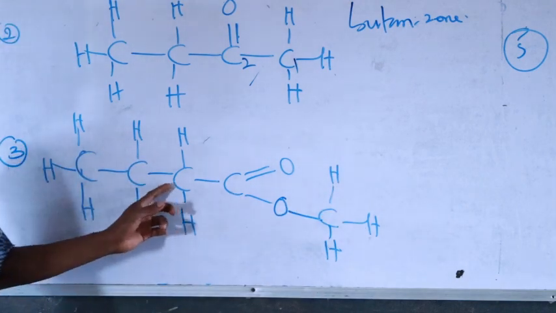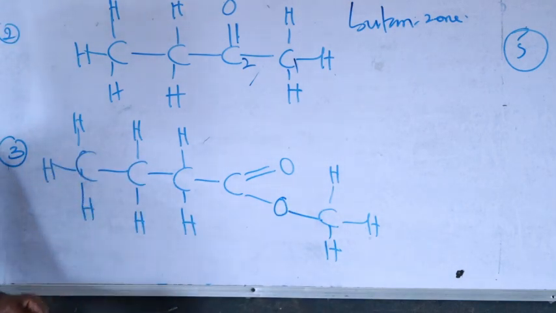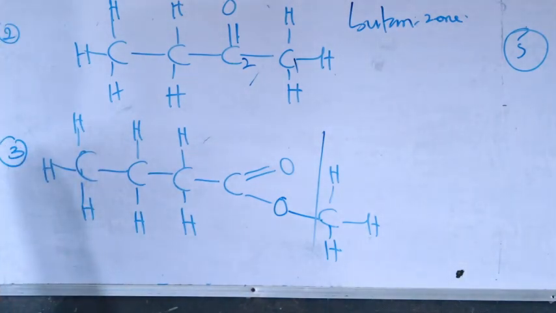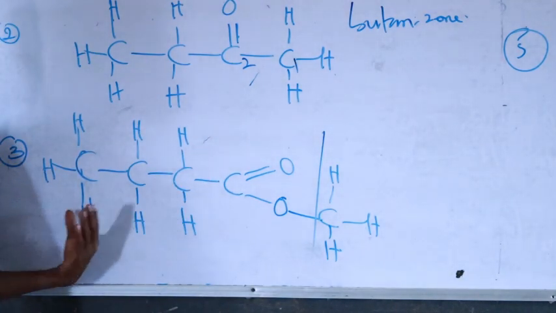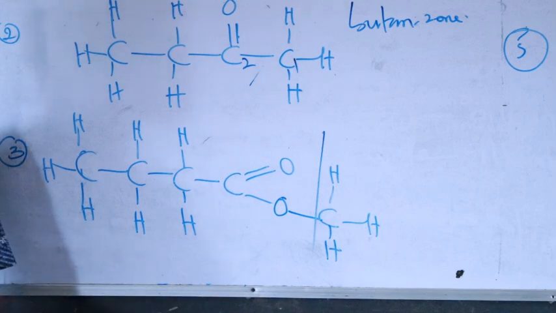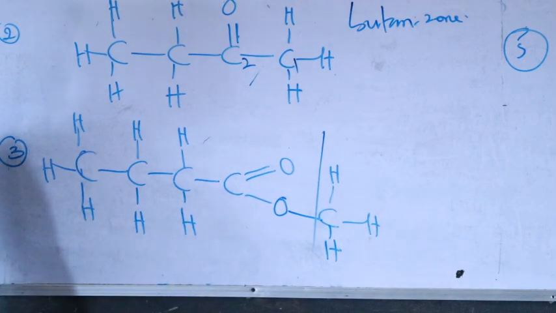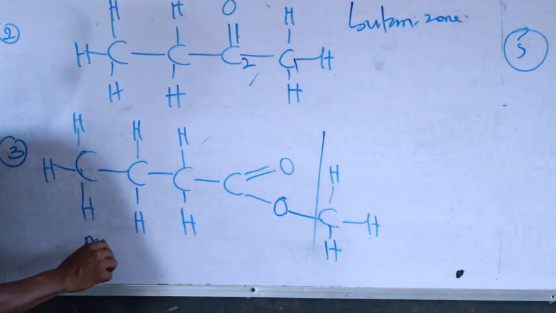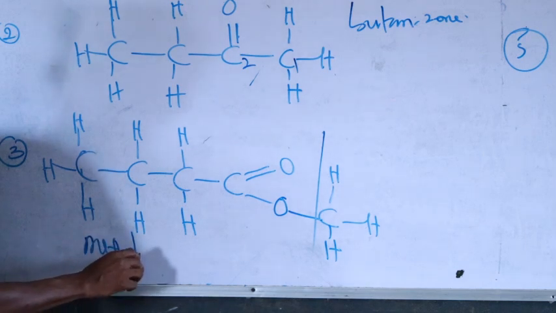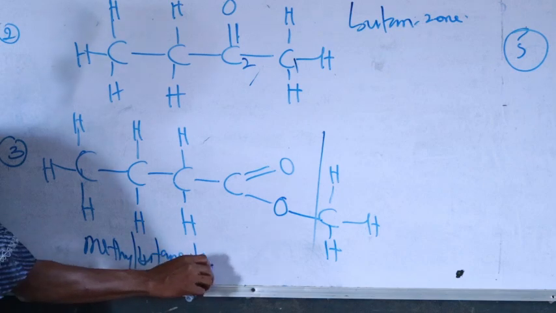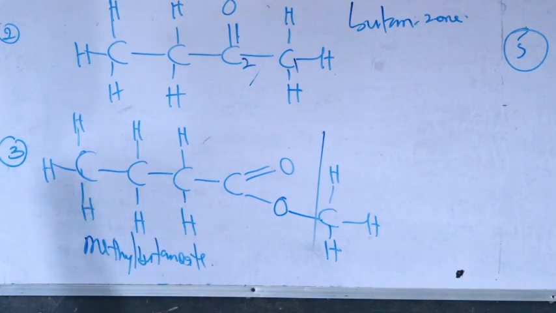Then we have 1, 2, 3, 4. That is butanoate. The methyl is the alkyl group. In naming an alkanoate, you mention the alkyl at the right hand side first, then followed by the alkanoate. So it is methyl butanoate.